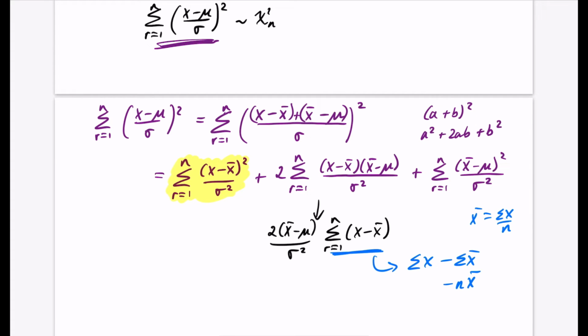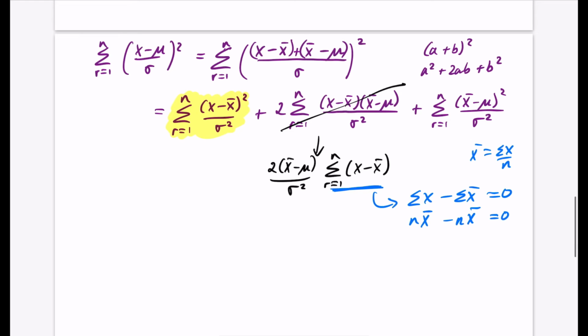So the sum of x is just equal to n x bar. So this whole thing is therefore equal to 0. Which means this whole section in the middle can get completely removed because it is equal to 0. So I'm going to rewrite that line in purple with all of this crazy working. This is not how I would do things in a formal proof. This is how I want to explain it as best as I can do.